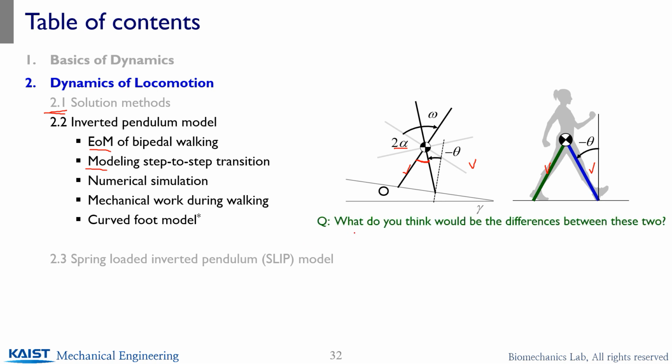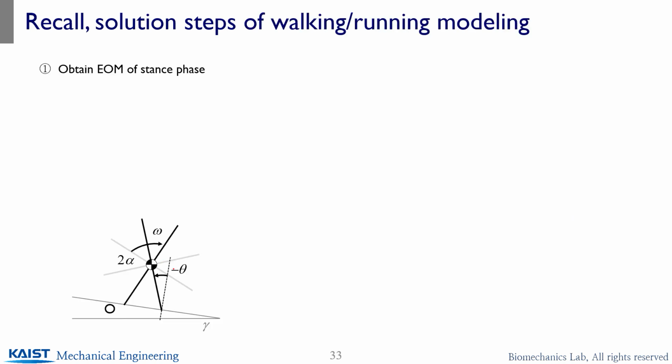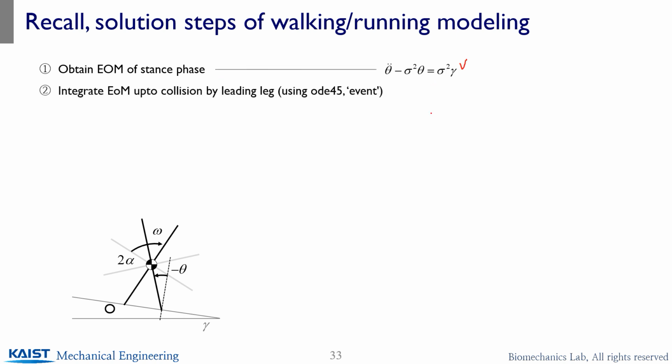So what do you think would be the most unique difference between the rimless wheel versus the bipedal? Of course, the bipedal has two legs. Compared to the previous rimless model solution steps that we are going to briefly review, you have equations of motion, and you integrate them up to the collision.